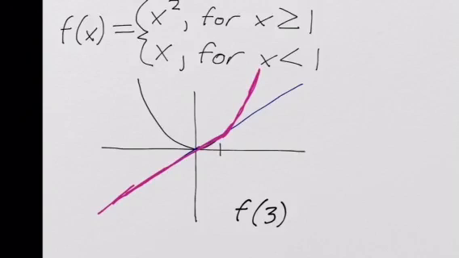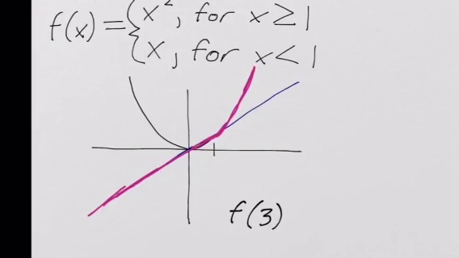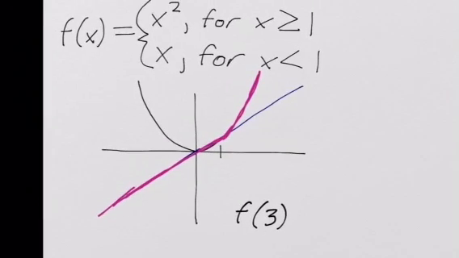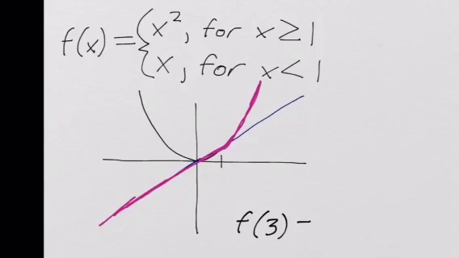In this case, 3 is greater than or equal to 1. So it's the first definition that's going to apply, f of x equals x squared. So I plug that in, I get 3 squared, or 9. So that's how we can evaluate a piecewise function, and how we can graph a piecewise function.